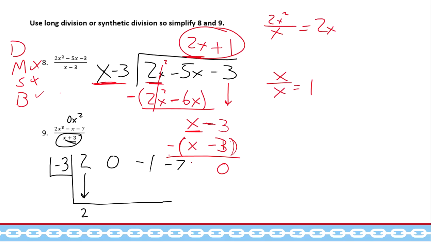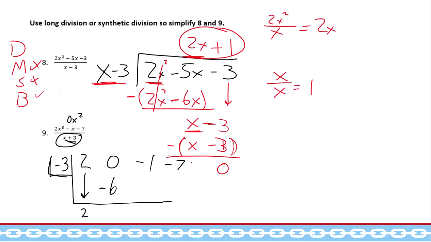From there, we're going to get into a repeating pattern of multiplying what we just brought down by the k-value and then addition, right? So I'm going to multiply the 2 that I brought down times the k-value here in the box of -3, and that's going to go right here, -6.